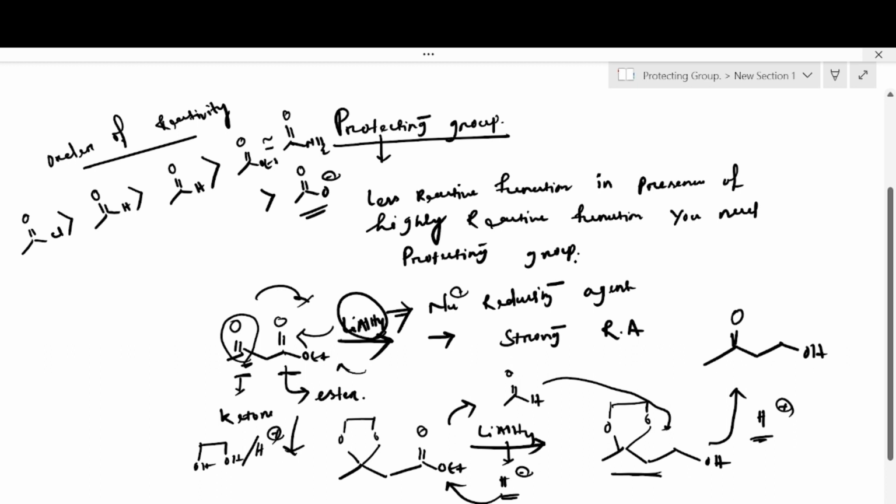Initially we took a beta keto ester, now we are getting a beta keto alcohol. What you observe is that the ketone remains unchanged and the ester group is converted to alcohol. So we reduce the less reactive functional group in the presence of a more reactive functional group. For that we need the protecting group.